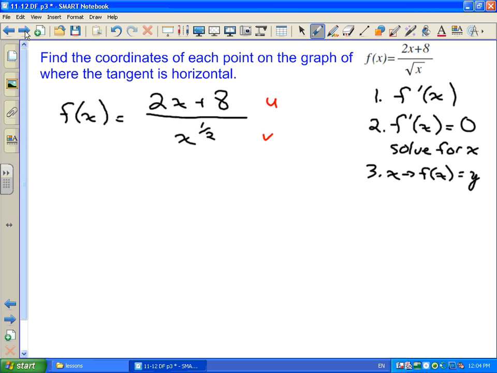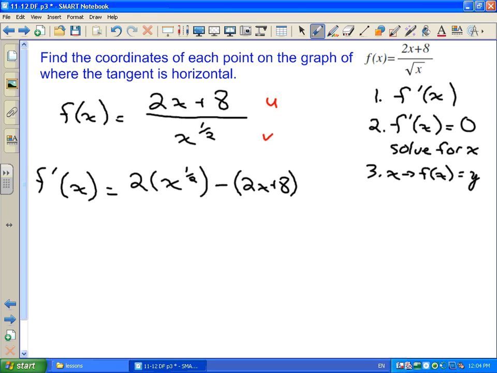So my derivative is going to be, what is my derivative going to be here? Well, let's see. Derivative of u is going to be 2. Multiply that by v, which is x to the 1/2, minus my u, which is 2x plus 8. Now I'm going to do the derivative of v.